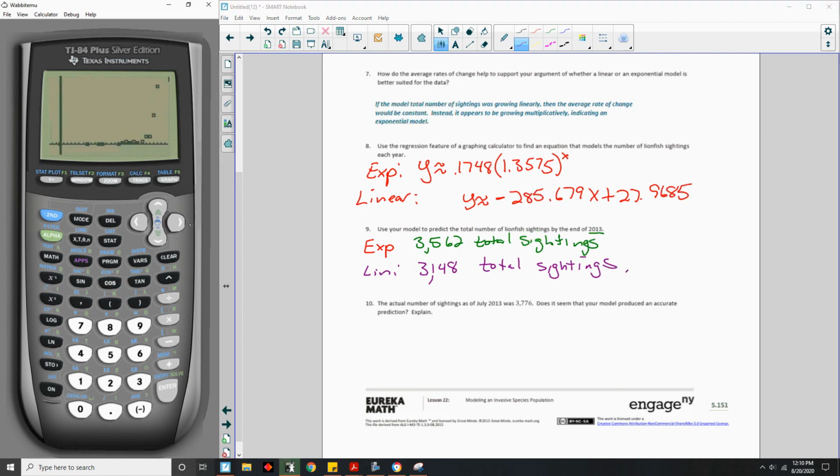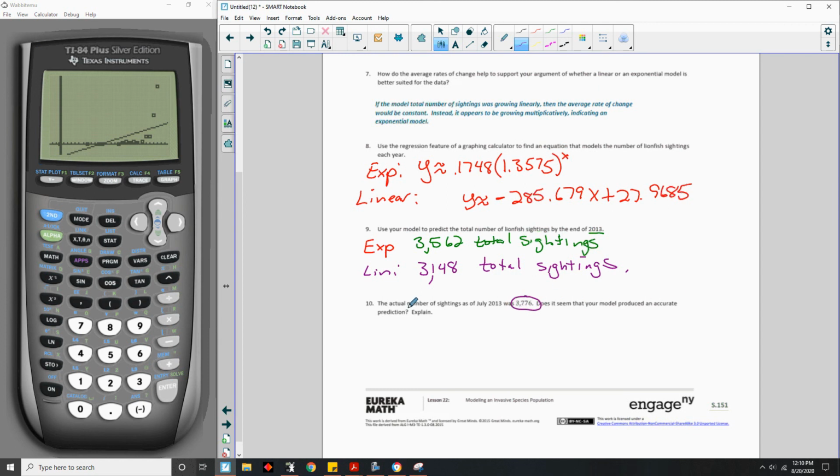Okay, and then when I graph that, it should show the line going through again. So obviously the exponential, there was 400 and some more. Exponential is closer. The actual number of sightings was 3,776, so my exponential is closer.